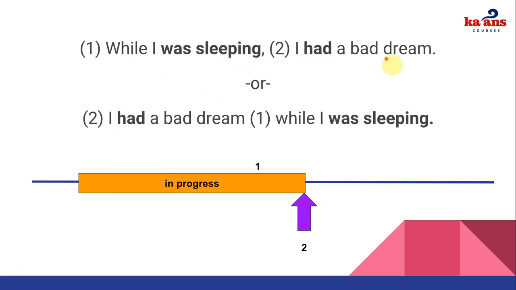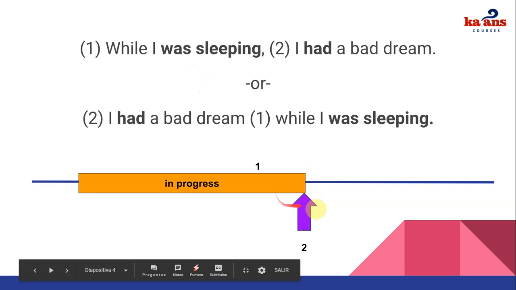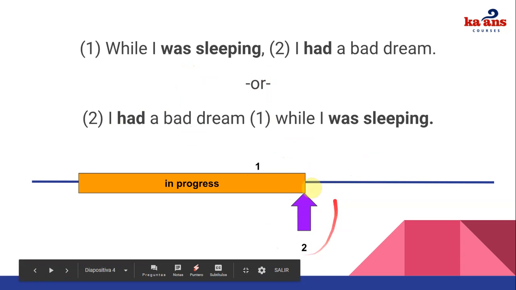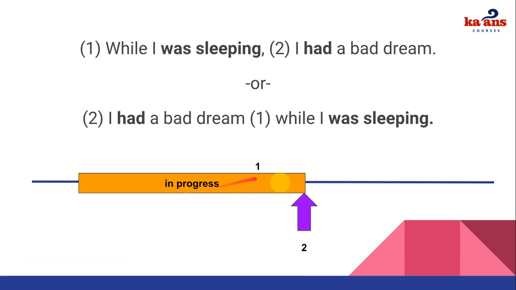Then I had a bad dream, which interrupted your sleep, number two. Or you could switch it and say, I had a bad dream while I was sleeping. You could use both, depending on the order.